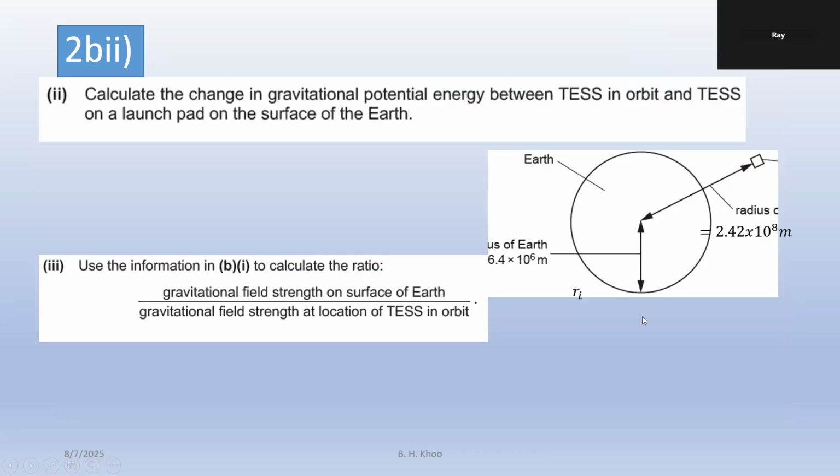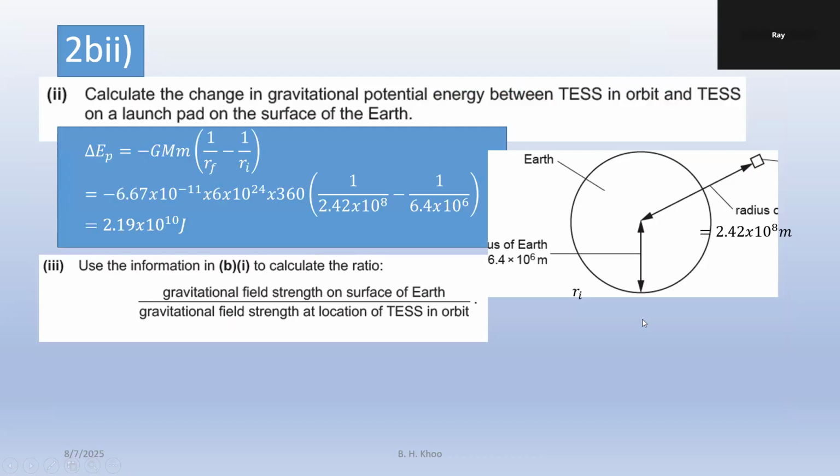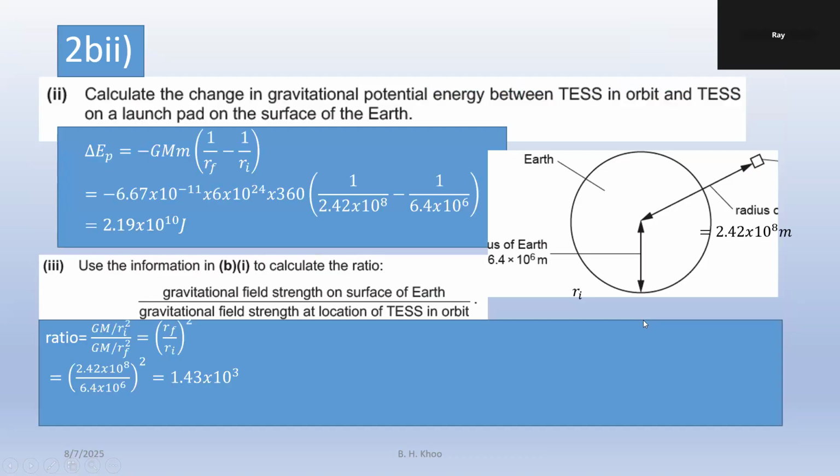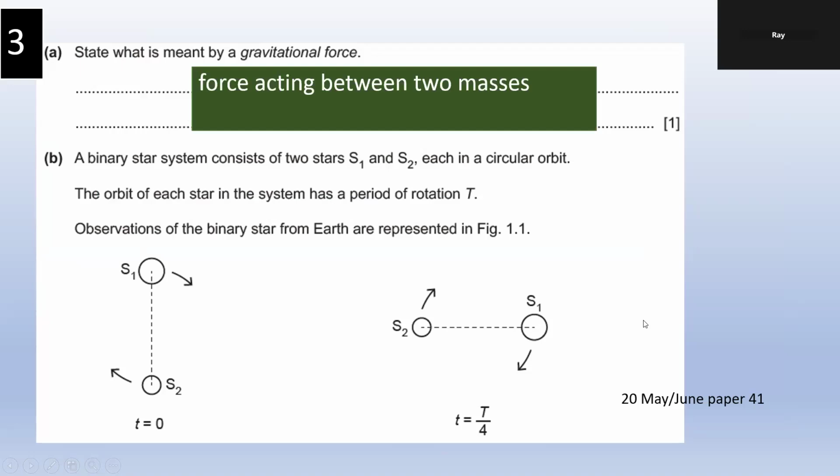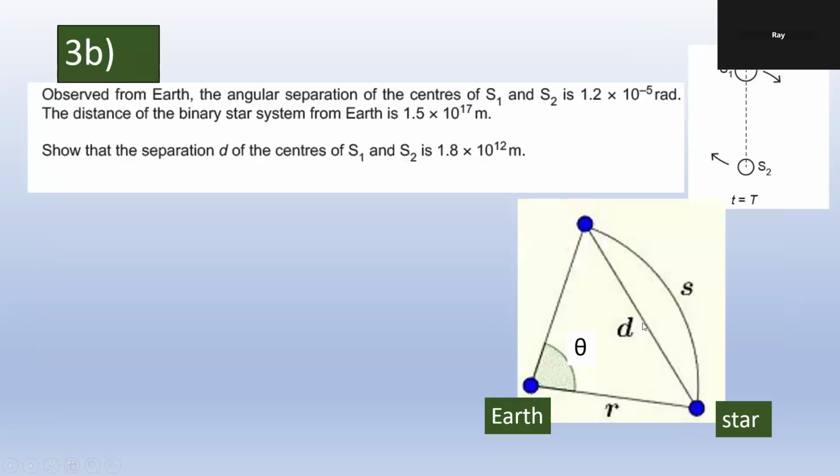I think this one you have no problem now. Don't bother about that. This one also you have no problem. This one you have a bit of a problem. Right? There's your S1, S2, S1, S2. That's your D, that's your S. So that angle is given.